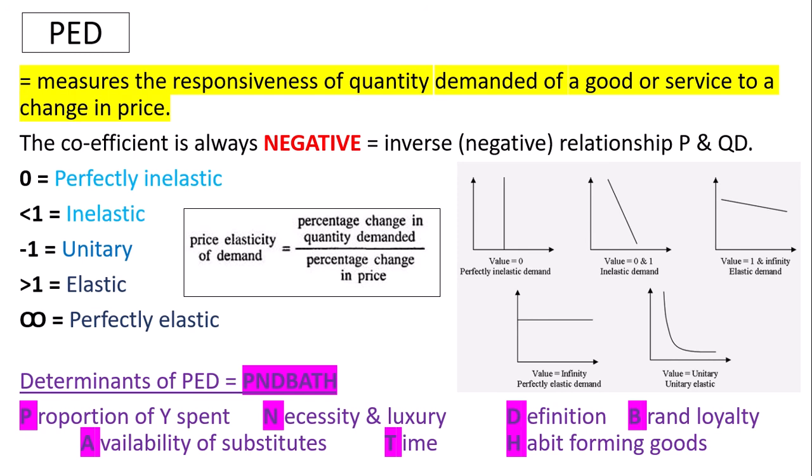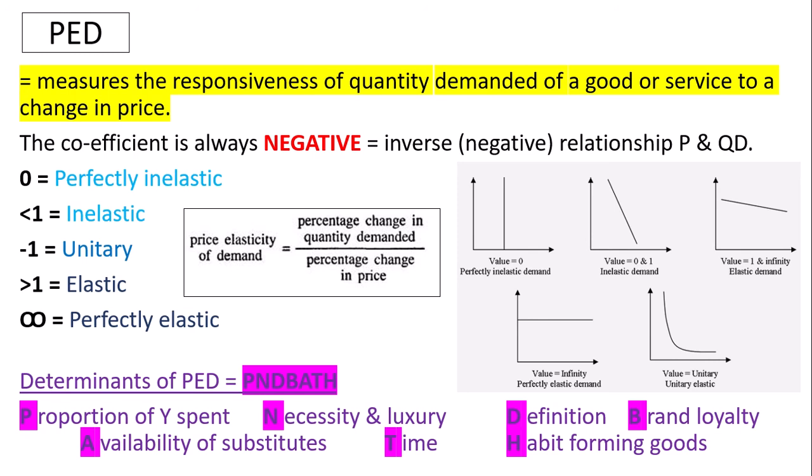If the price of it increased by 50%, you would probably see a greater than 50% change or fall, I should say, in the demand for cars. Whereas if the price of chewing gum increased by 50%, so it went from 50p to 75p, for example, you probably wouldn't see a greater than a 50% decrease in the amount of people that consume it because it forms a small proportion of their income.